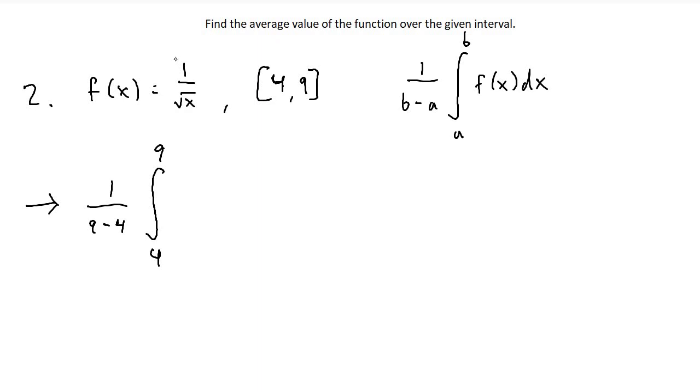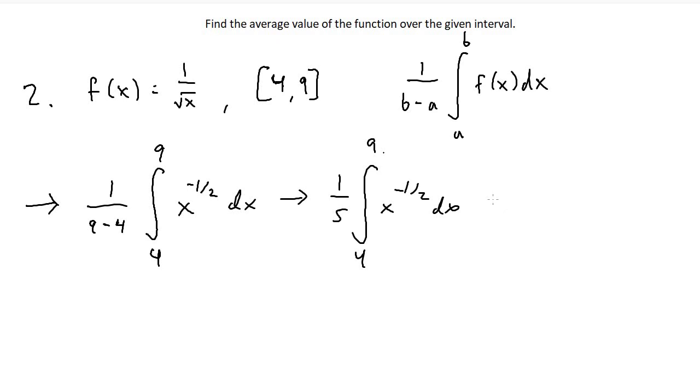And I'll actually rewrite 1 over square root of x as x to the negative 1/2 power dx, because now what I can do is use the power rule. So if I were to simplify the fraction on the outside, I would just get 1 over 5 times the integral of x to the negative 1/2 dx.